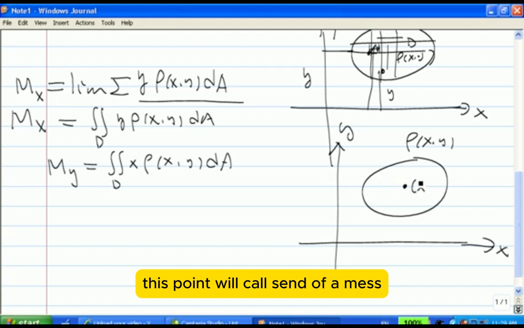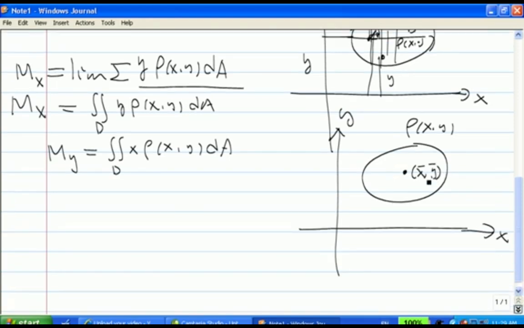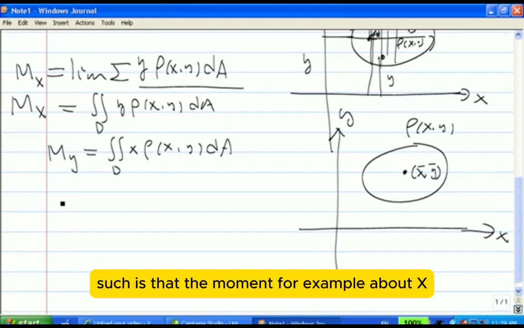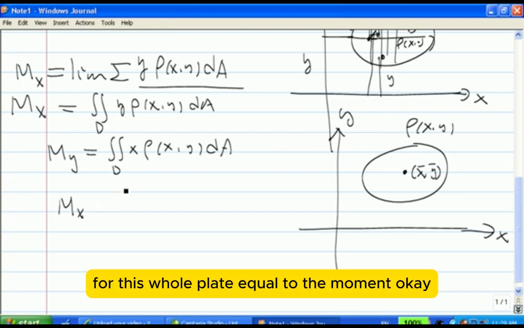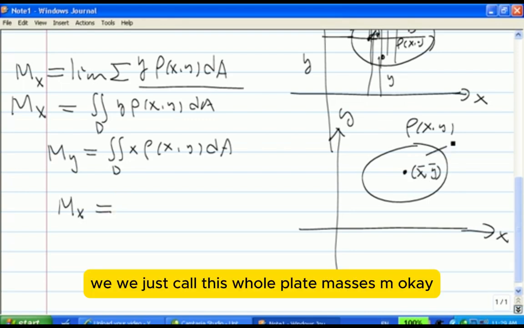This point we call the center of mass, x bar, y bar, such that the moment, for example about the x-axis, for this whole plate equals the moment of this point. We just call the mass of this whole plate m.